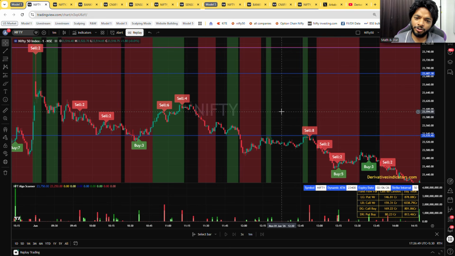And you can also use this on the futures chart as well. So you don't have to use it on the spot chart. And not only the indices, it also works on stocks. But what happens is that the more data the option chain has, the better it works, because it's a probabilistic model and it does some machine learning.